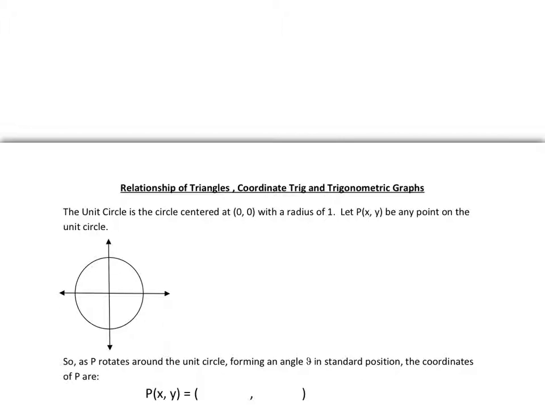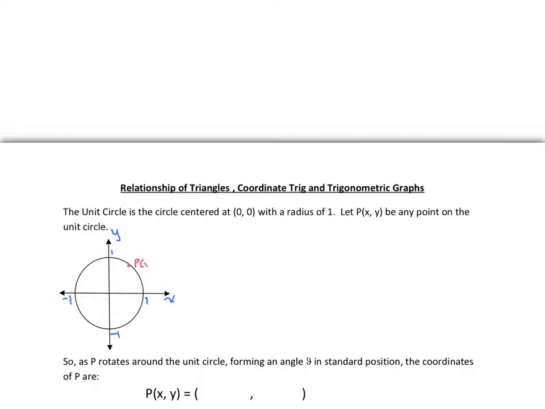So the unit circle is the circle centered at the origin with a radius of 1. So on our little diagram here, we can label -1 and 1 on both axes, x and y. And it says let P be any point on the unit circle.